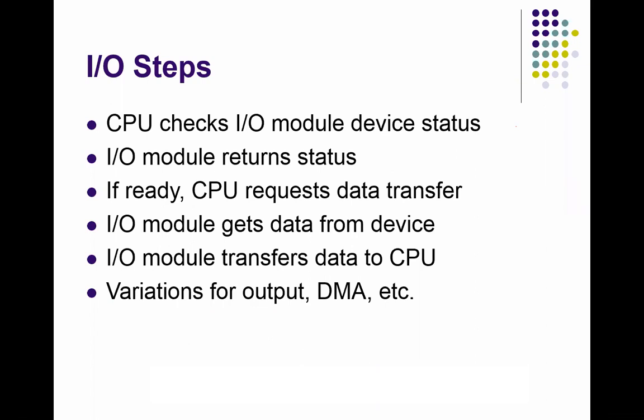As we have discussed earlier, the CPU does not directly communicate with the input-output peripherals. The CPU is connected with the IO module, and the IO module transfers data to the CPU. So the IO module gets the data from the devices and then transfers it to the CPU. The peripherals are not directly connected with the CPU, but the IO module is. So it is CPU, IO module, and then the peripherals.